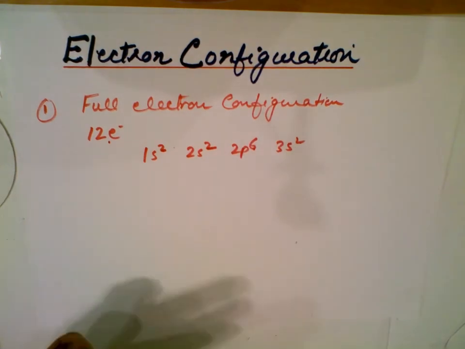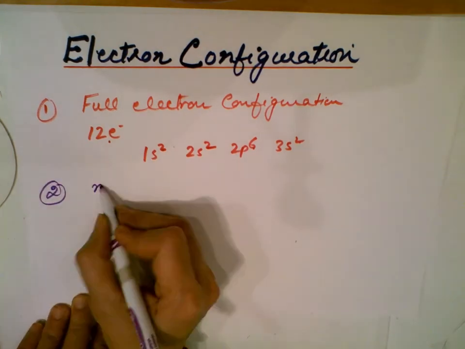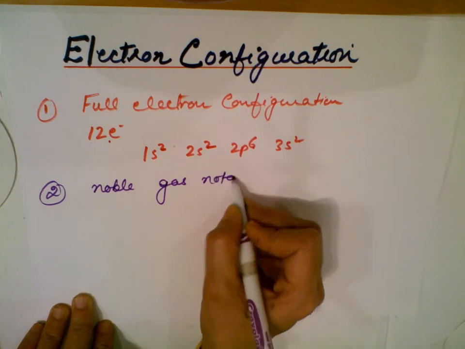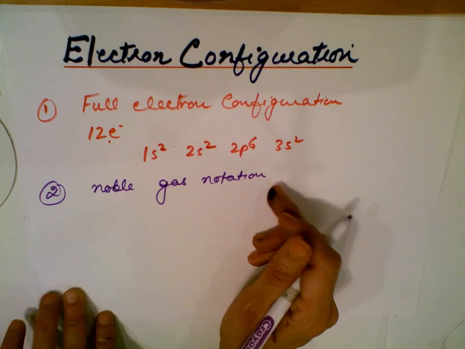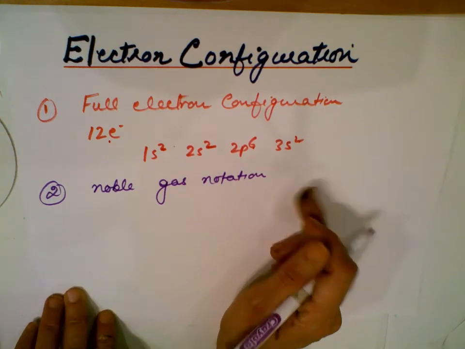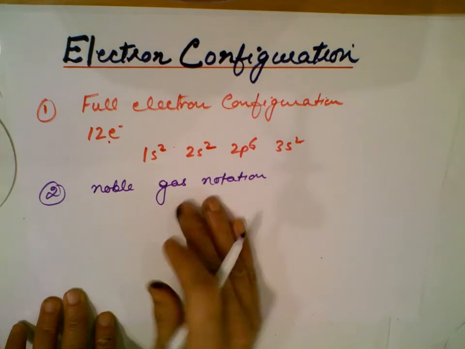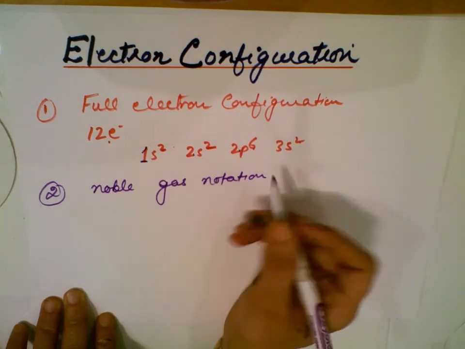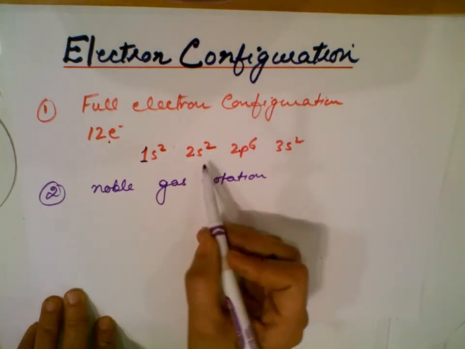Now the other way of writing is called noble gas notation, or you can say noble gas electron configuration, or shorthand notation, condensed notation, abbreviated notation, because instead of starting from the beginning, you write down the noble gas from the previous period.